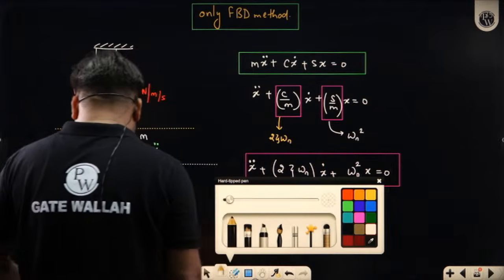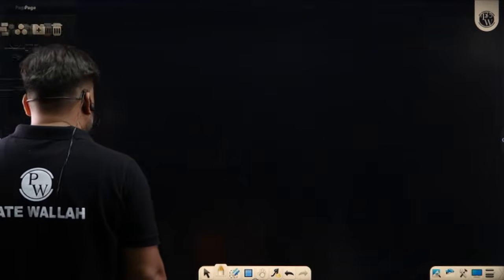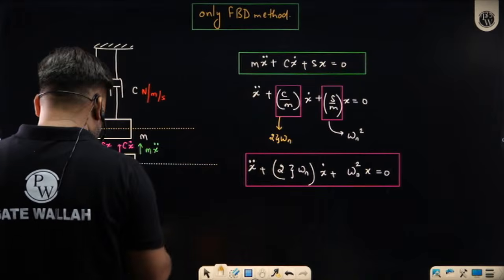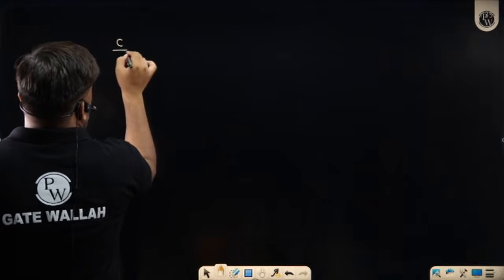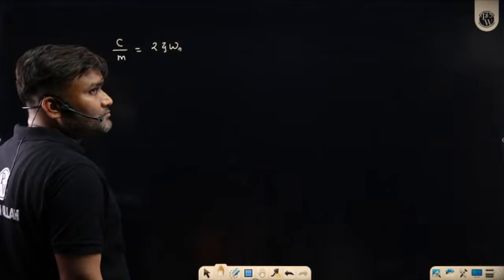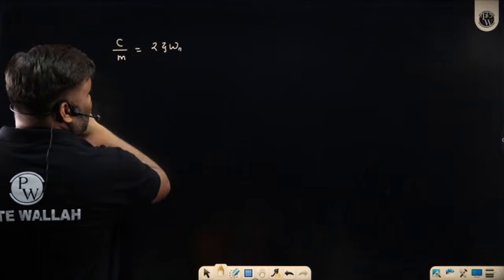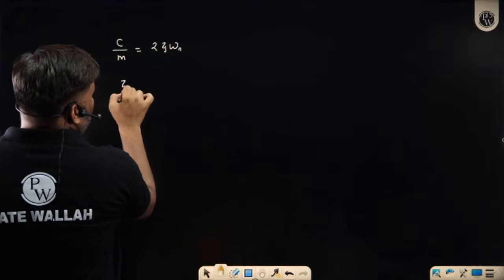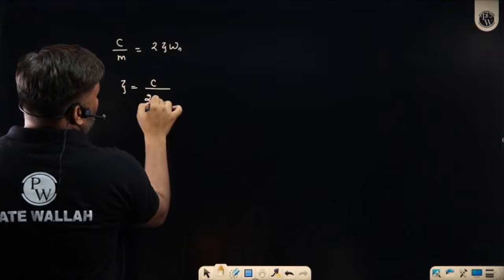What is this zeta value? Sir, I have said that this c by m you are writing as 2 zeta omega n. Zeta can be written as c divided by 2m omega n.